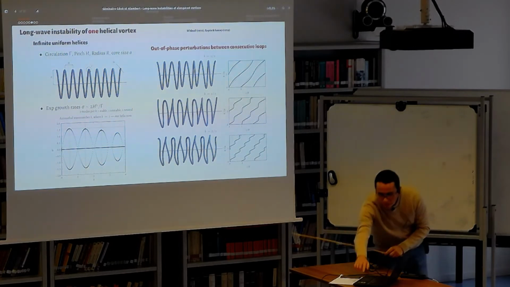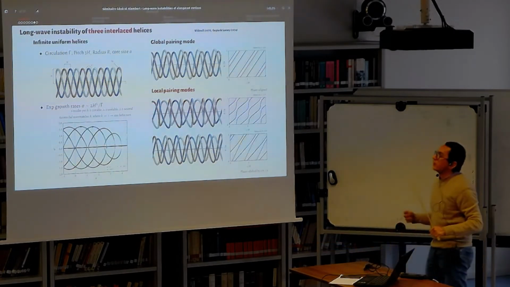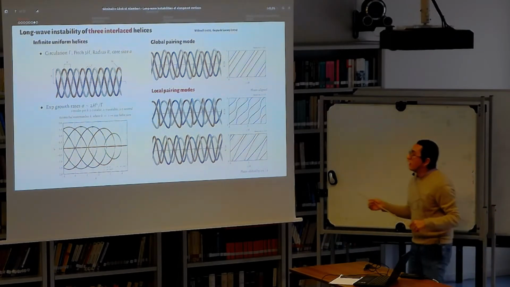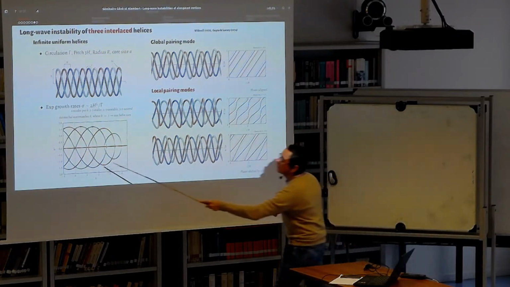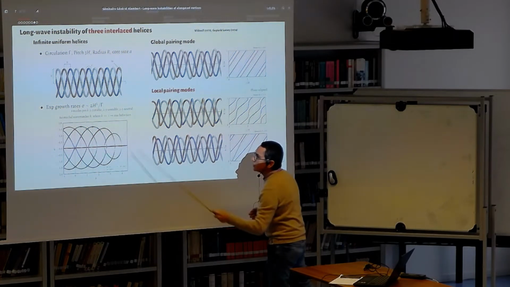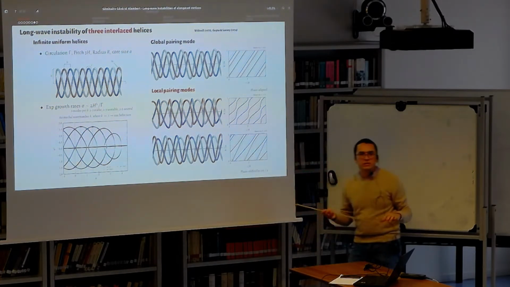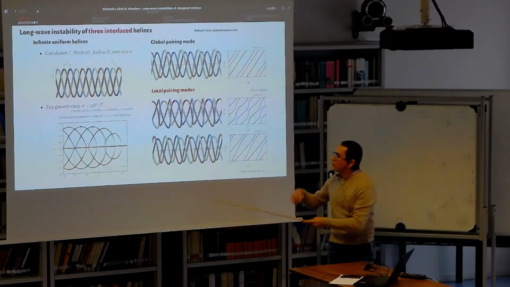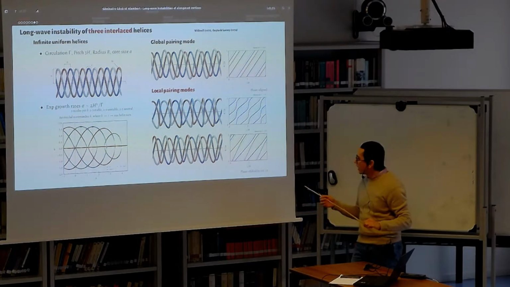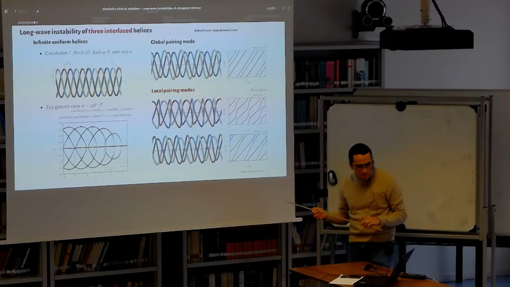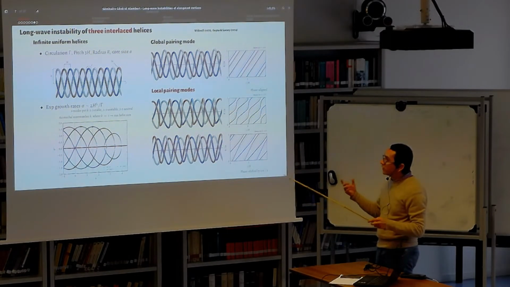Okay, so now if we take a look at the system of 3 interlaced helices, you get a similar picture. But here we're getting 3 branches instead of 1, where in one of these branches the motion of the helices is coordinated. They all move in the same direction, whereas in the other 2 they are phase shifted by a value of 2 pi over 3. Nevertheless, the mechanism behind these instabilities is the same.